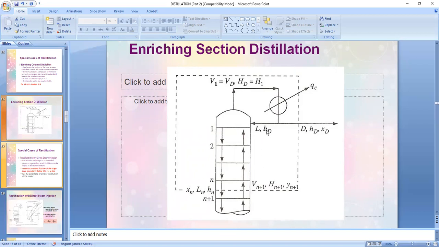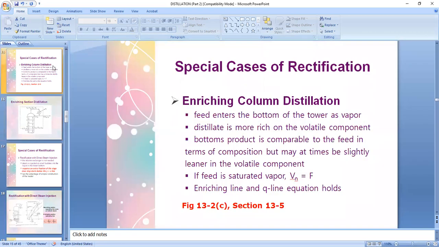You still have reflux being the part of the vapor that was condensed into the liquid returned back into your column. Majority is withdrawn as your final product, which is the distillate. This is for your enriching section or enriching column distillation. There is no stripping section in this case.